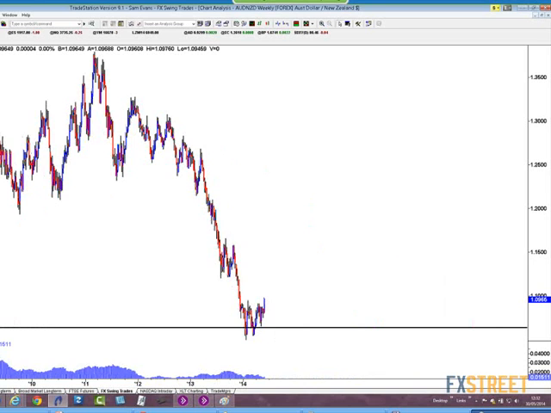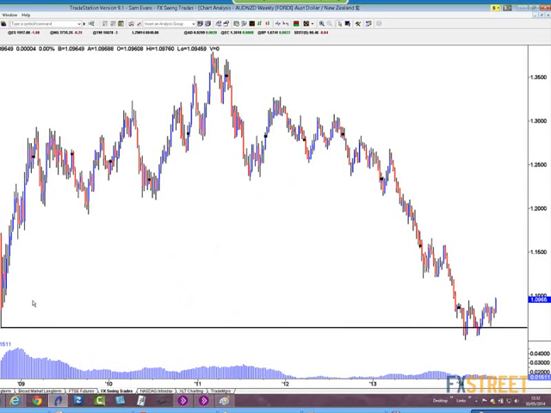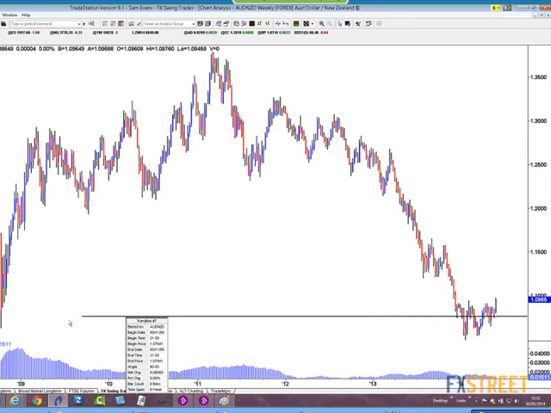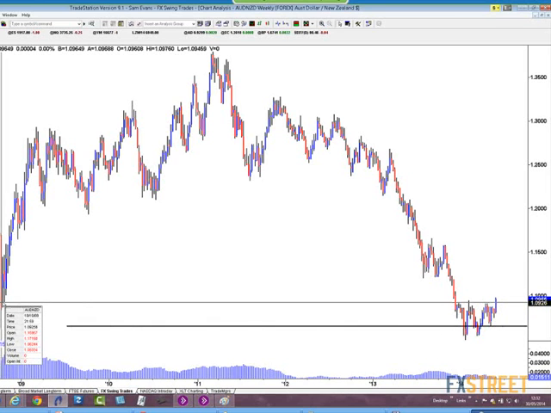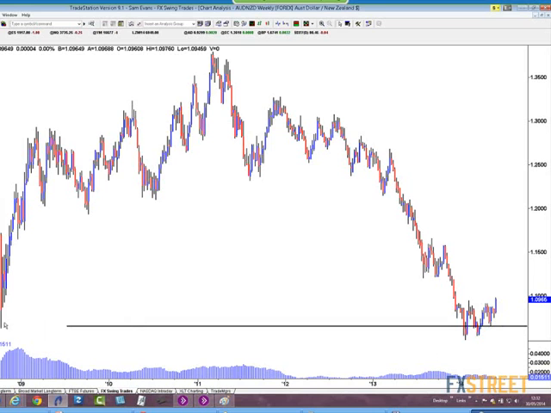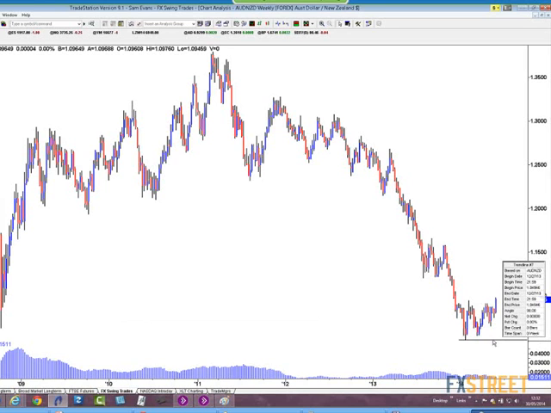Now, I haven't got enough data on this particular platform. But basically, what we've been seeing on here is that back in 2008, this market rallied heavily. This is Aussie New Zealand. We've been in this downward trend coming to here. You can't see it on this chart, but going back, we've been to these lows before.